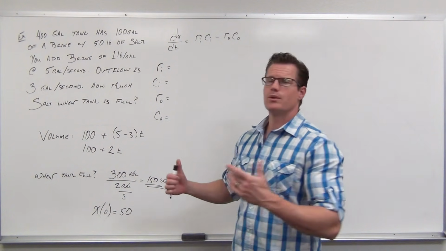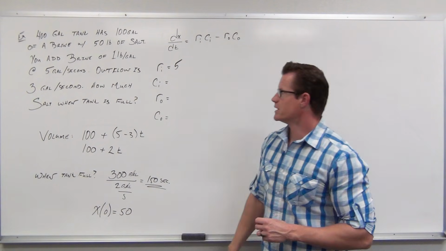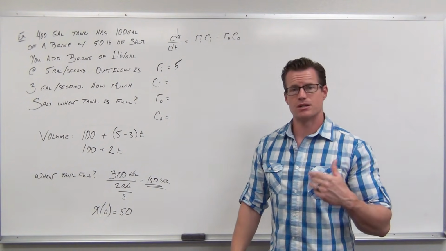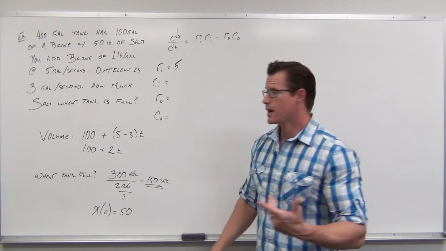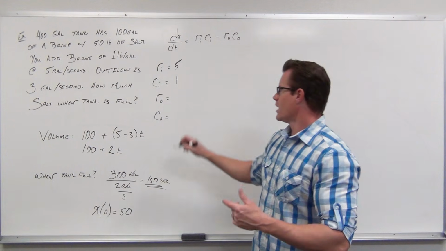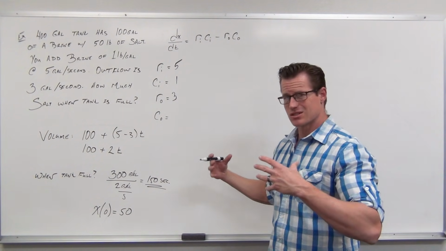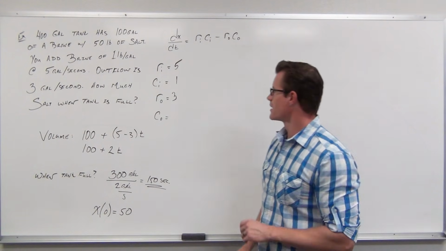The rate in, well, we know that's 5. The concentration in, 1 pound per gallon is an appropriate concentration. You can use that. Rate out, that would be 3 gallons per second. Notice how we're in seconds, so what we get out of this is going to be seconds. This is all seconds.